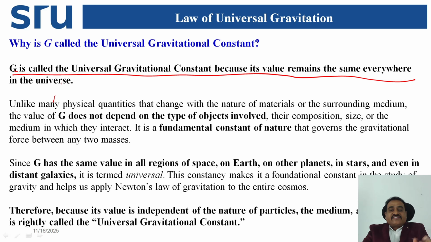Unlike many physical quantities that change with the nature of the materials or the surrounding medium, the value of G does not depend on the type of objects involved, their composition, size, or the medium in which they interact. It is a fundamental constant of nature that governs the gravitational force between any two masses.